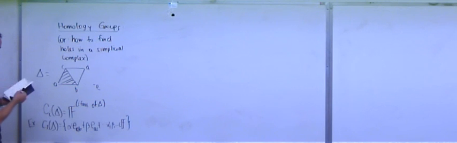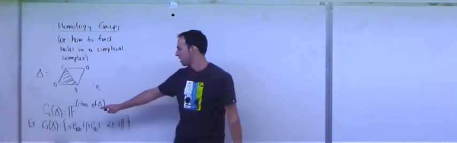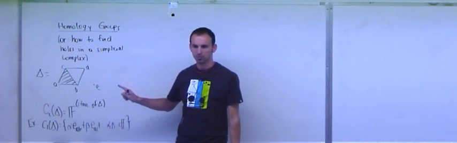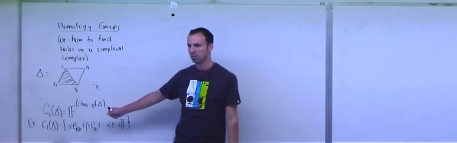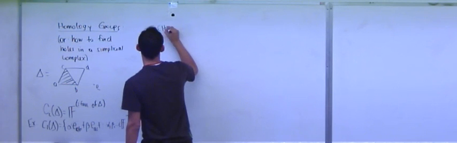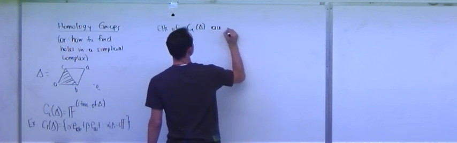Now what I'm going to do is define some maps. But I should first give you some terminology: the things that live in this vector space are called the i-chains. An i-chain is an element of C_i of delta.